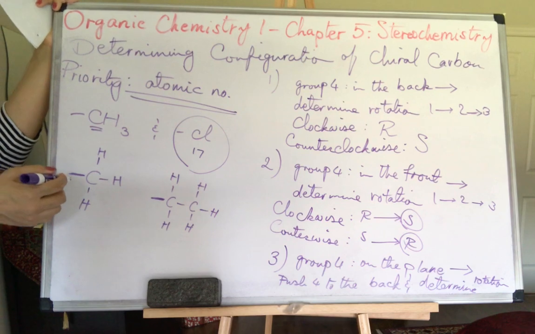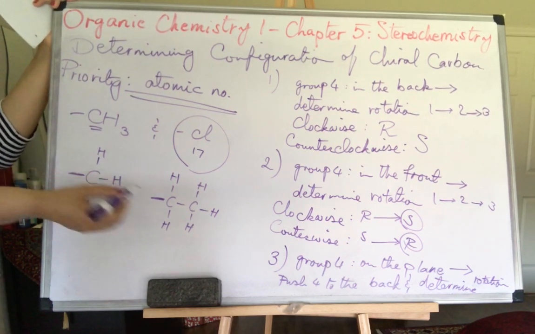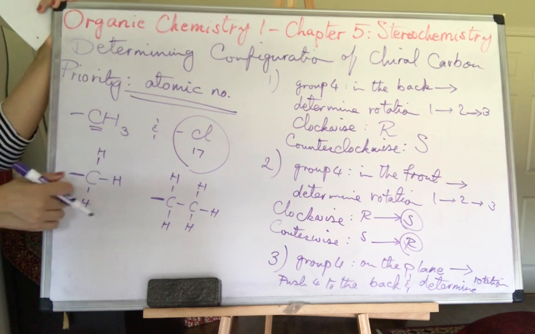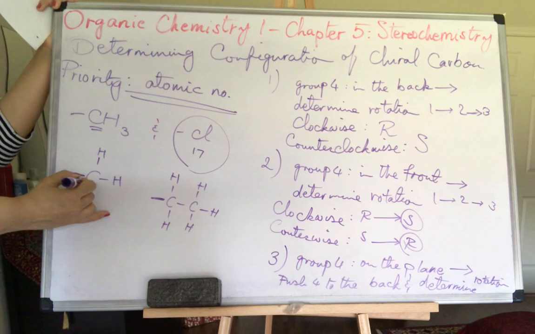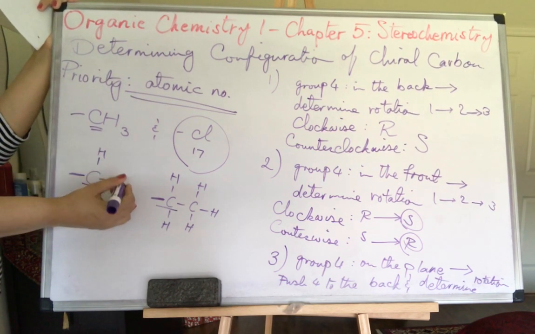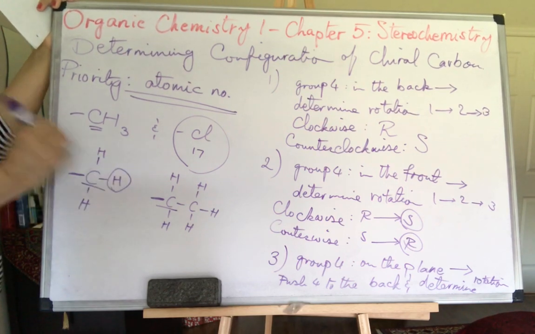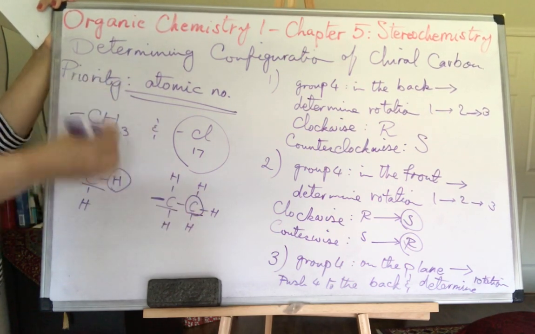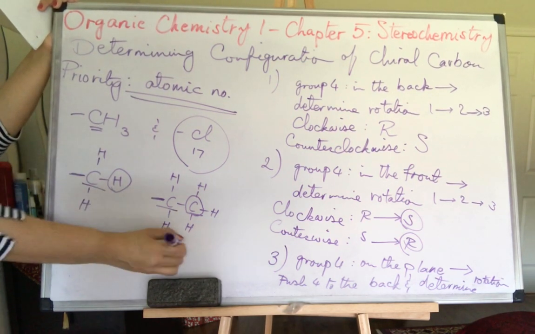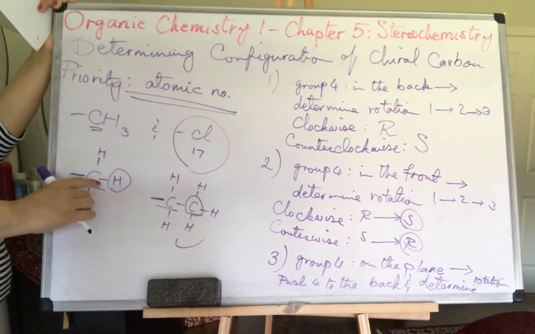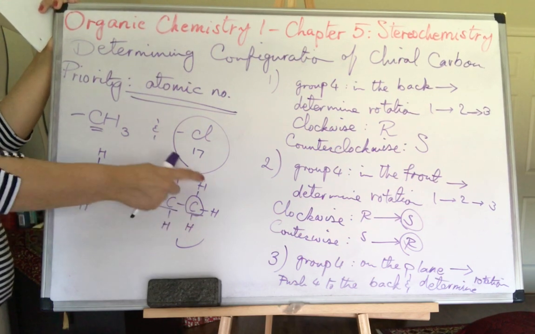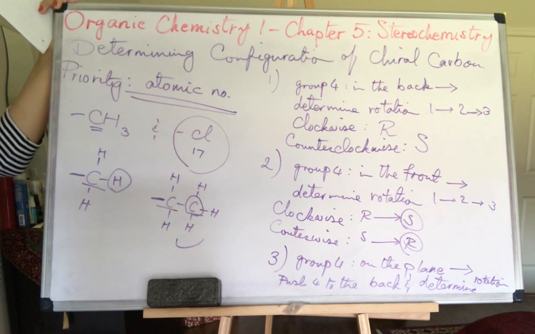This side is the connection to the chiral carbon. So we go atom by atom. Carbon and carbon are the same so far. If you go one step further, you have a hydrogen, but you have another carbon. Between hydrogen and carbon, which one has a higher atomic number? Carbon. So if you get a tie, you have to go further from the chiral carbon until you find your tie breaker. Okay?